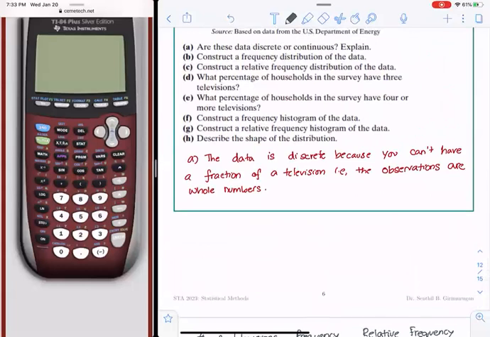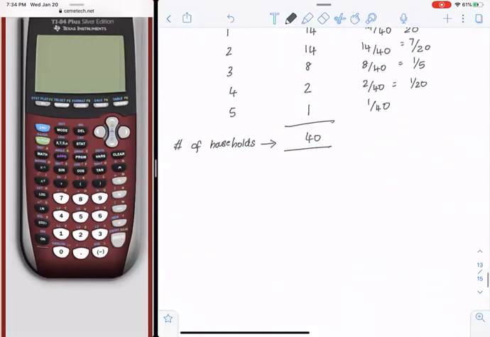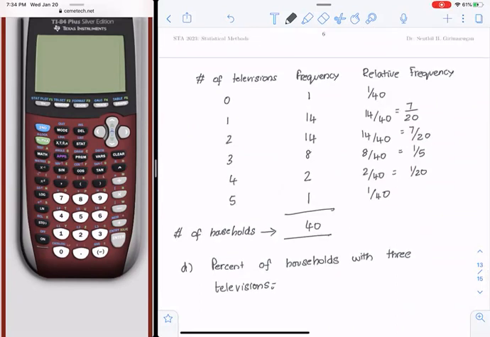Part D would like to know the percent of households in the survey that have exactly 3 televisions. All we have to do is go to the row that says 3, which is row number 4.